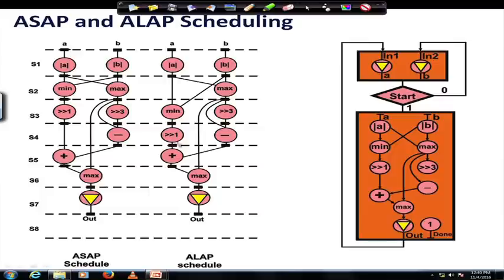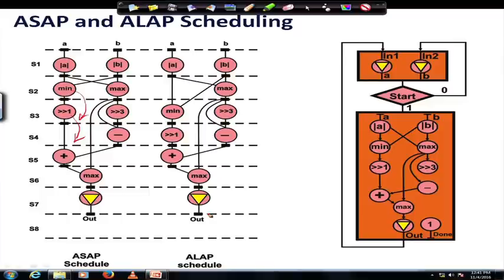The shifting is required in order to make plus possible. Therefore, I shift this shift by 1 to this position. Consequently, min, its responsibility is just to feed shifting, so min can also be shifted down, and consequently this is the as late as possible schedule.